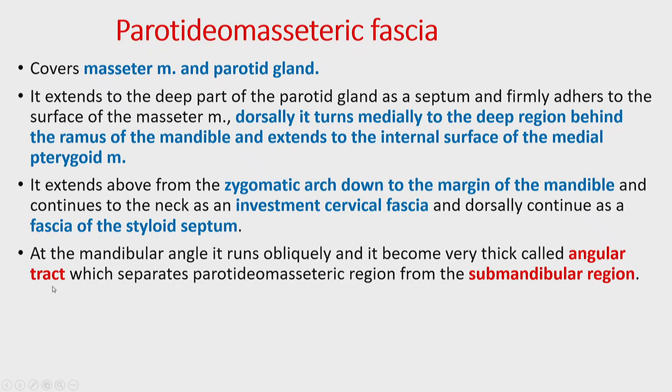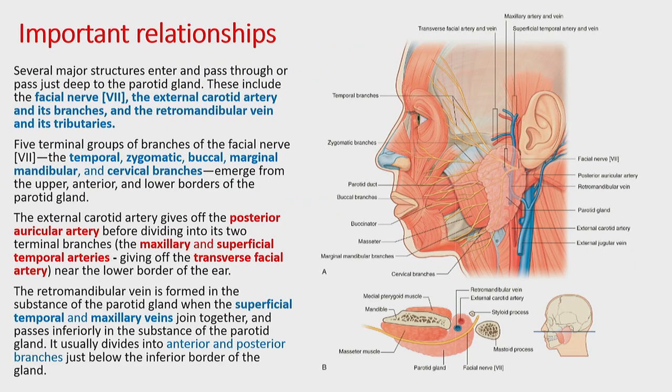And this angular tract is separating the parotid gland from the submandibular gland. It's clinically important that infection from the parotid gland cannot go to the submandibular gland. So this is called the angular tract because at the mandibular angle is located the thickness of this fascia.